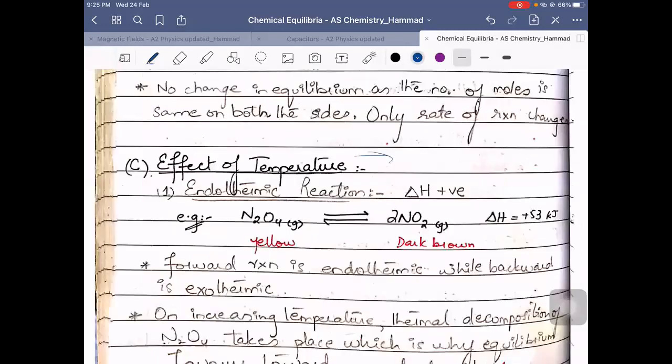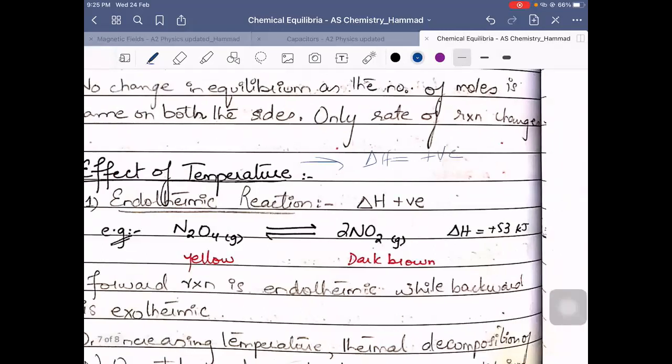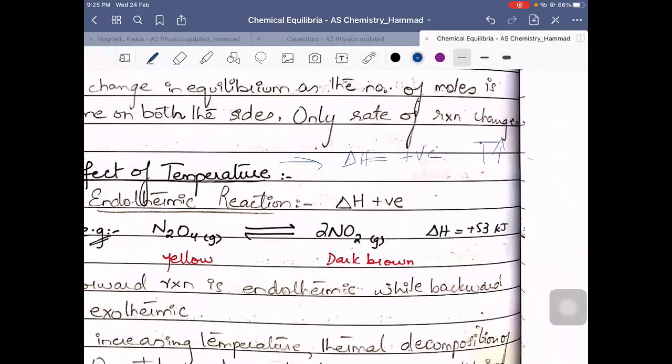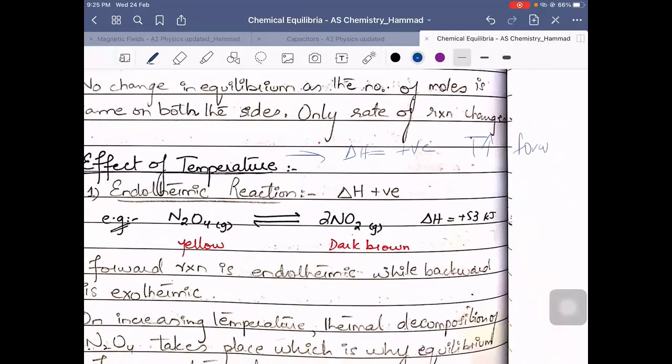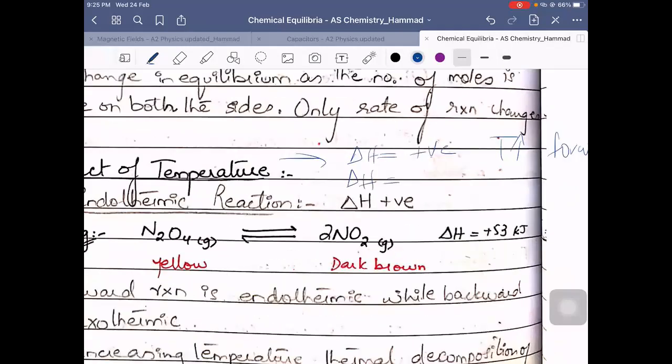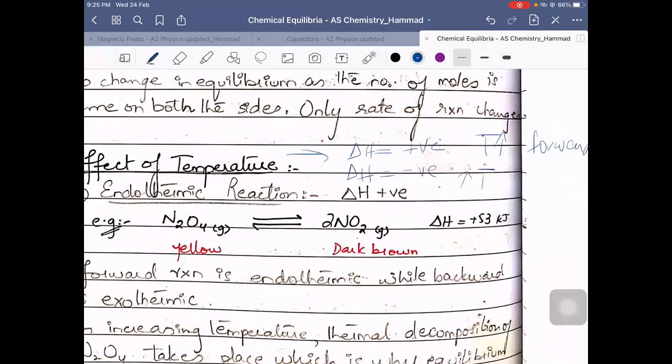If the enthalpy change is endothermic, meaning to say it is positive, an increase in temperature will shift the equilibrium forward, and a decrease moves it backward, and vice versa. If the enthalpy change is negative, meaning exothermic, an increase in temperature moves the equilibrium in the backward direction.